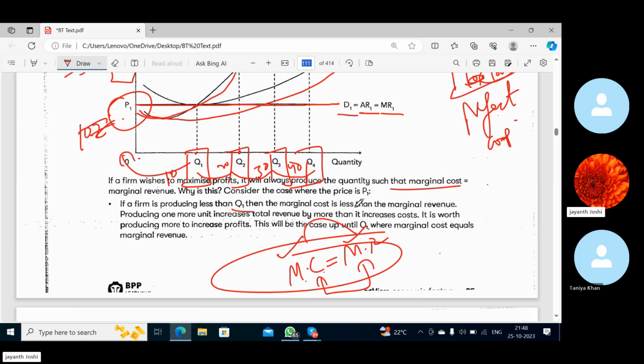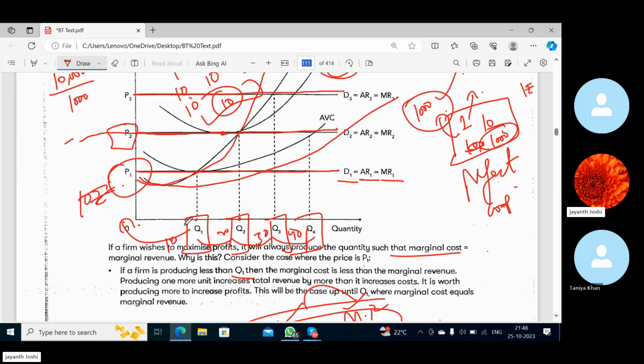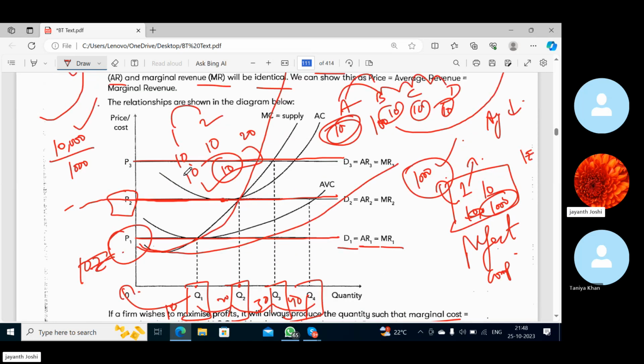then the marginal cost is less than the marginal revenue. Why? Because if they are producing nothing, then the cost hasn't been incurred, right? So marginal cost here is less than the marginal revenue. This is the revenue curve, marginal revenue. These are cost curves, but this is marginal revenue.